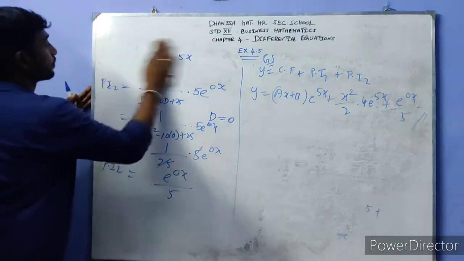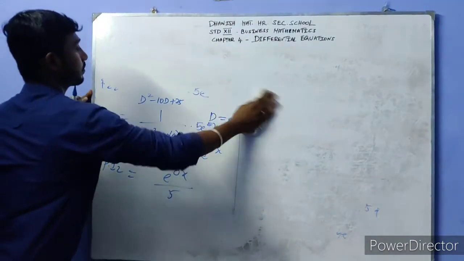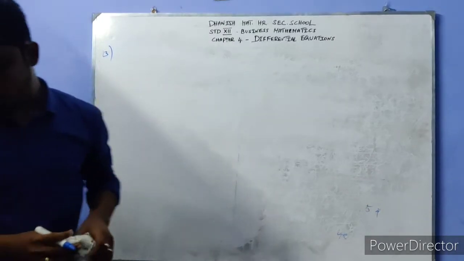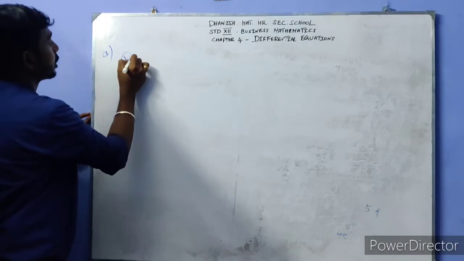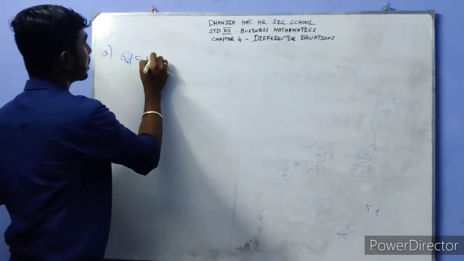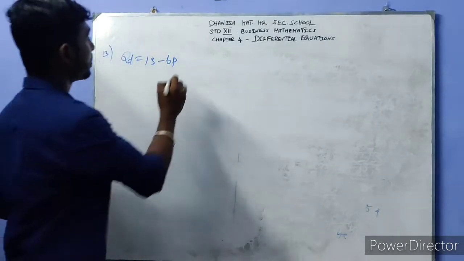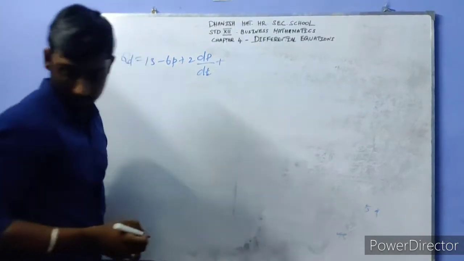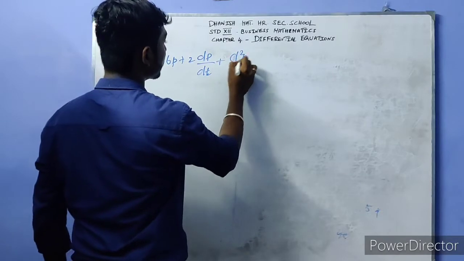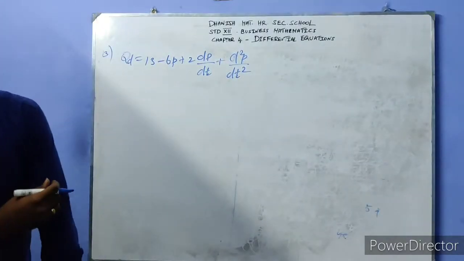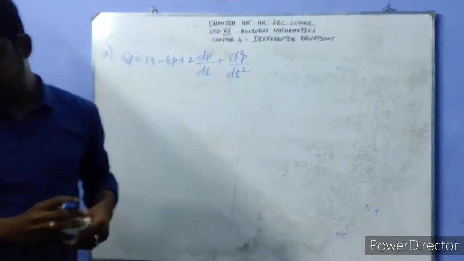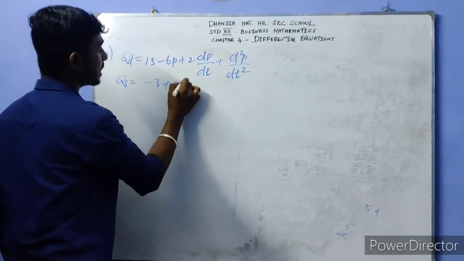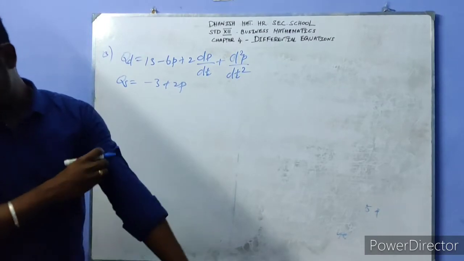So what is the question given here? Suppose that the quantity demand QD is equal to 13 minus 6P plus 2 dP divided by dt plus d square P divided by dt square, and the quantity supplied QS is minus 3 plus 2P, where P is the price.